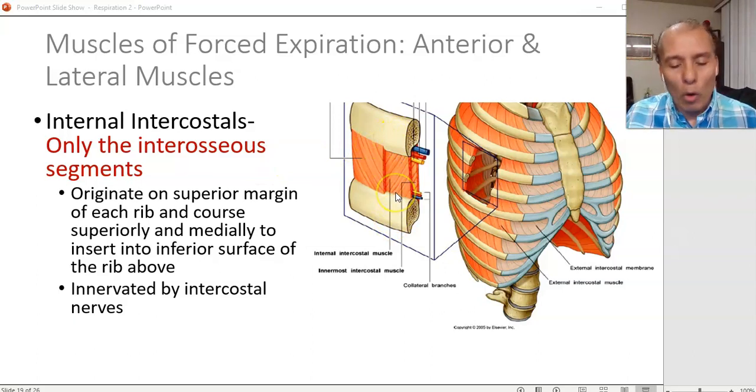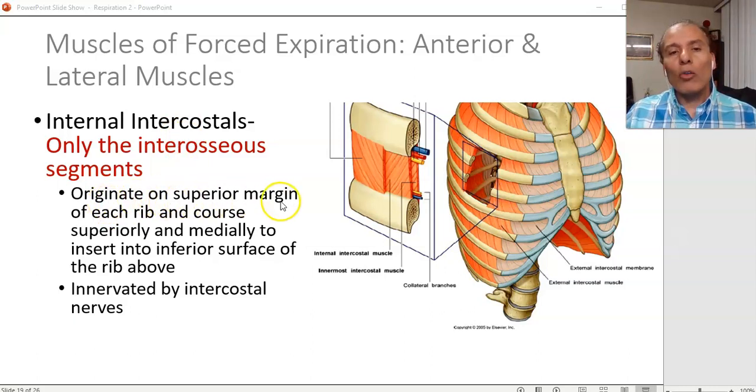It is very important to distinguish and to state the name. It is not enough to say the internal intercostal does blah, blah, blah. That is not beneficial. You have to say the interosseous segment of the internal intercostal does this and this. The interchondral segment of the internal intercostal does this or that, because they do opposite jobs.